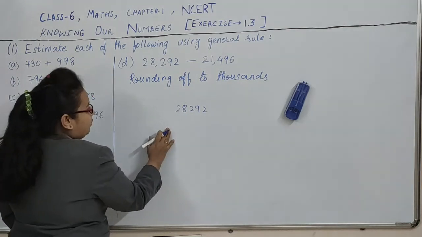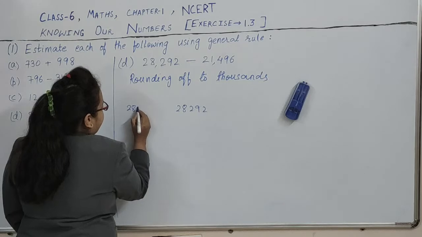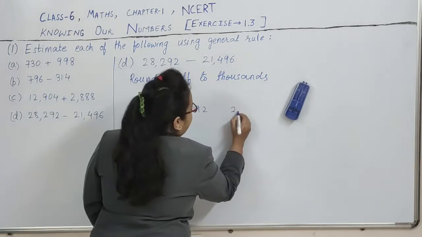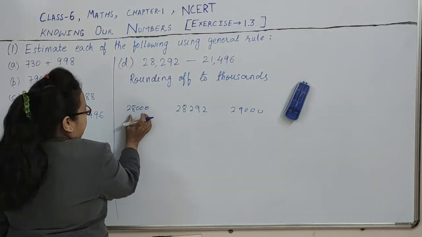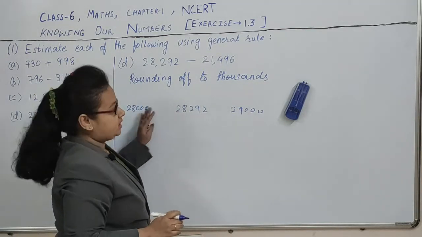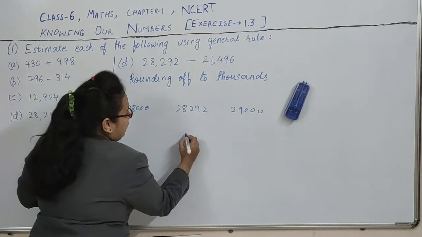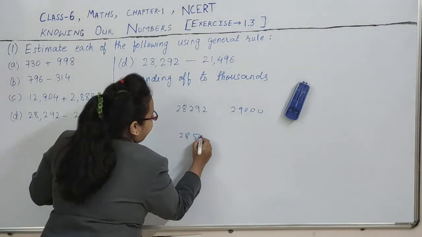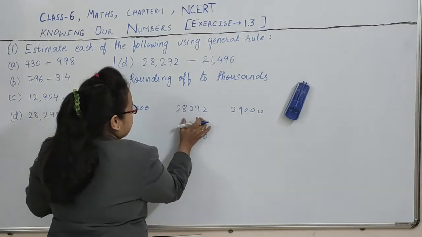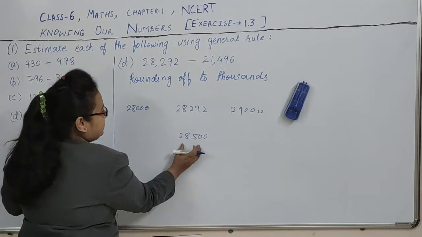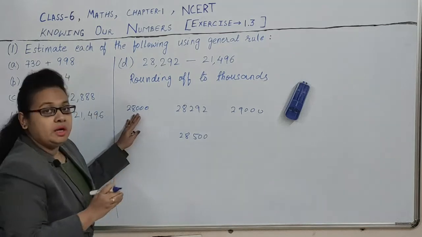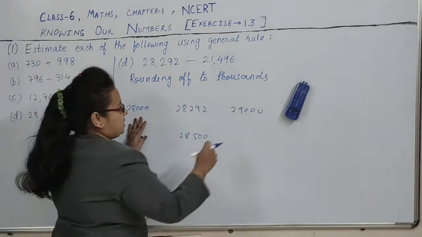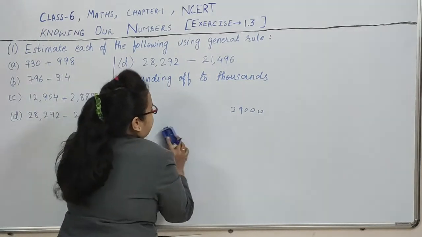So this 28,292 will be rounded off to, see, this lies between 28,000 and 29,000. Just in between is the middle number, 28,500. This number is smaller than the middle number, so it is closer to 28,000.